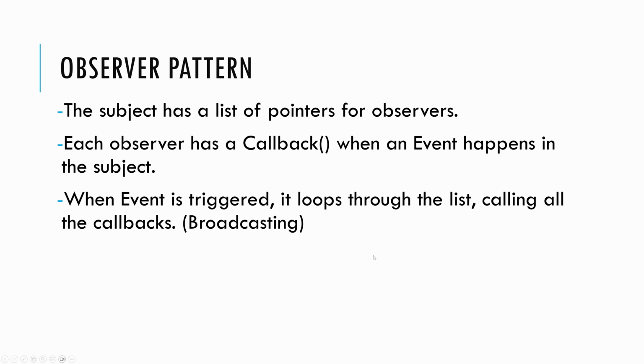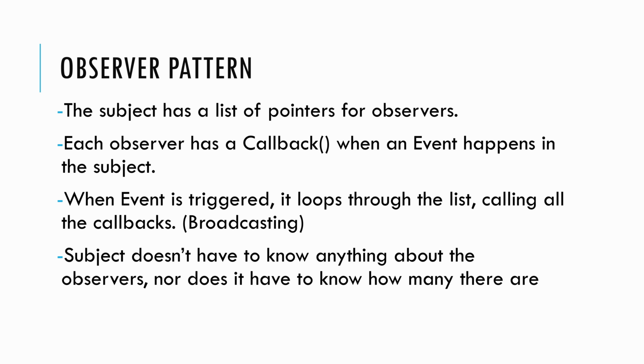So it will broadcast. It goes through its list of whoever subscribed and tells it, hey, I picked up a coin. The subject doesn't have to know anything about the observers, nor does it have to know how many there are. It will just operate independently of what is subscribed. Even if nothing's subscribed, it's still going to broadcast, even if no one's listening.